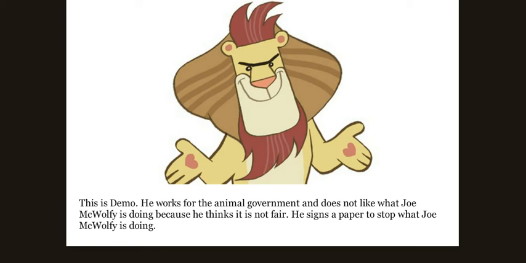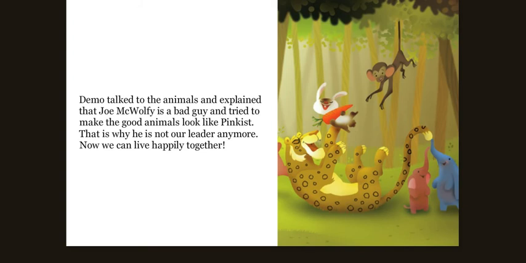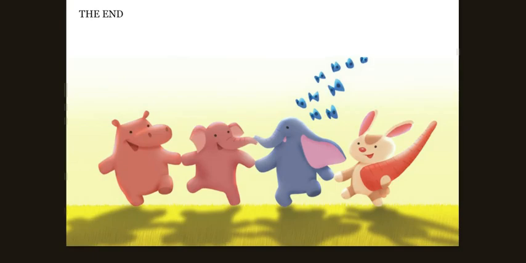He signs a paper to stop what Joe McWolfie is doing. McWolfie is kicked out of the animal pack for abusing his power as head of the pack. Demo talked to the animals and explained that Joe McWolfie is a bad guy and tried to make the good animals look like pinkists. That is why he is not our leader anymore. Now we can live happily together. The end.